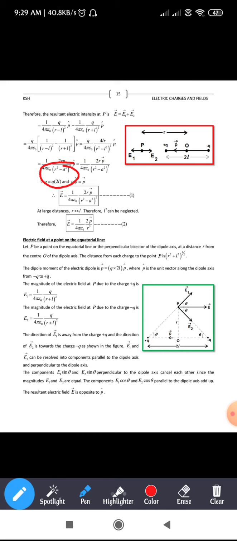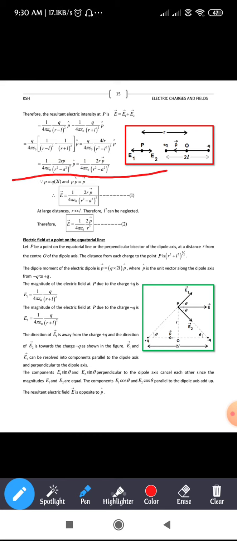A small mistake, instead of l it has been a. So hence the next step comes out to be 1 by 4 pi epsilon into 2rp divided by r square minus l square whole square p cap. So the next step is nothing but 1 by 4 pi epsilon into 2r vector p divided by r square minus l square whole square. Okay, so we have just expressed it in terms of this.